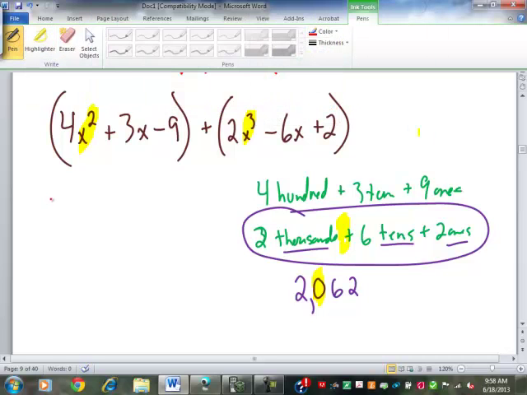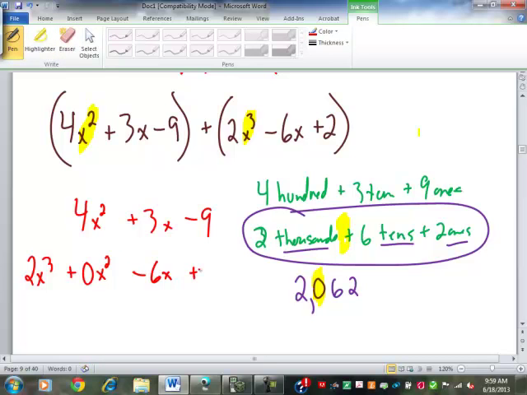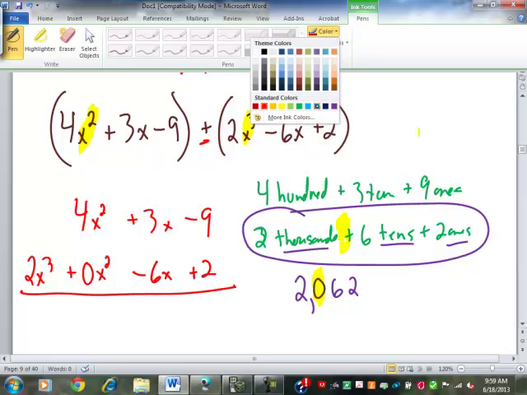This still gets written as 4x squared plus 3x and a negative 9. This, however, is 2x to the third. We put a 0 in the x squared place. And this is not positive, this is negative 6x plus 2. We're still adding here, so we're going to add down the columns.